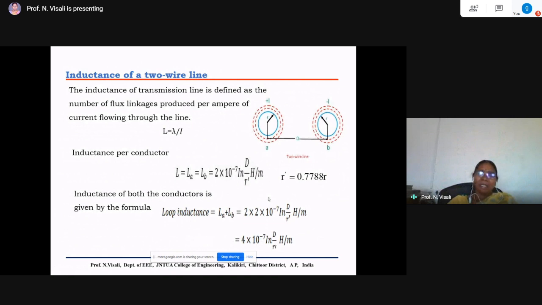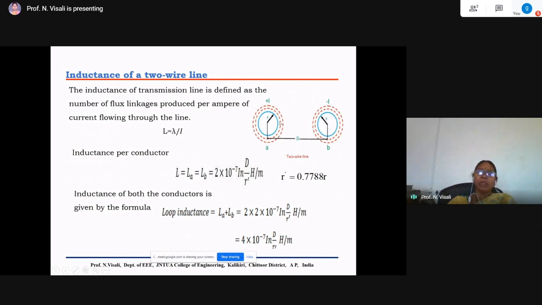Then inductance of a two-wire line. The inductance of a transmission line is defined as, this you already know very well, the inductance exists due to the magnetic field surrounding the conductor. So the inductance of the transmission line can be calculated depending upon the number of flux linkages per ampere of current flowing through the conductor.